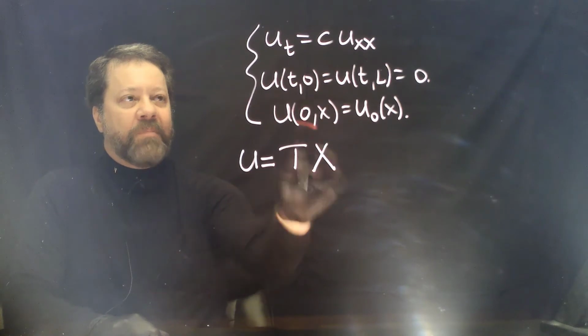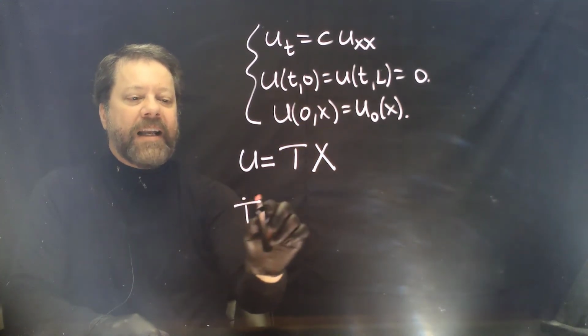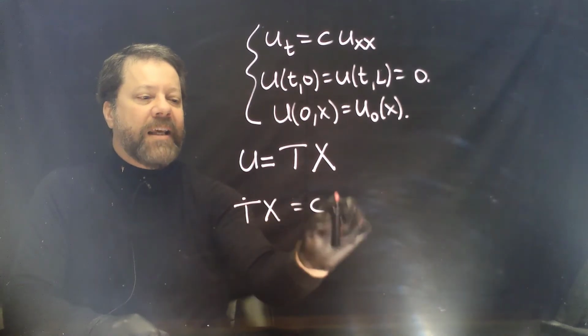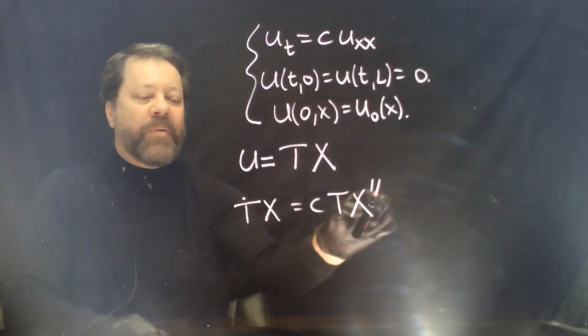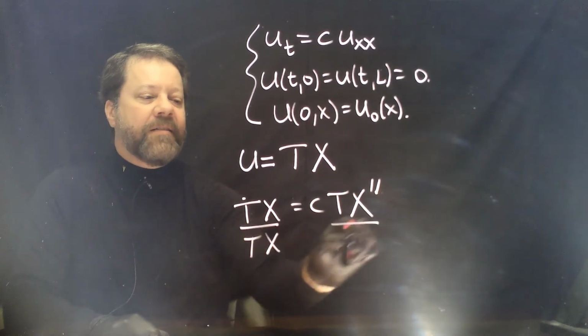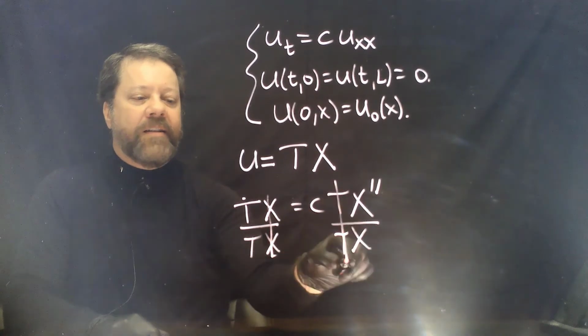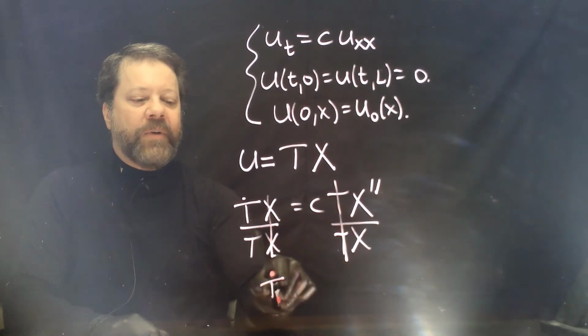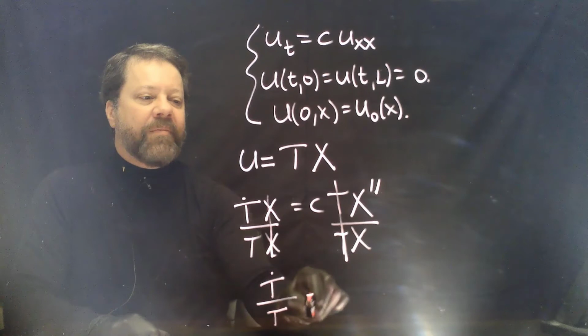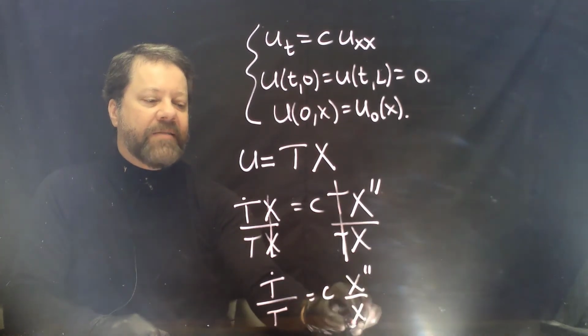Now, plugging this into the heat equation, we get T dot X equals C T X prime prime. Dividing by TX on both sides, the X's go away here, the T's go away here. We have T dot divided by T is C times X prime prime divided by X.